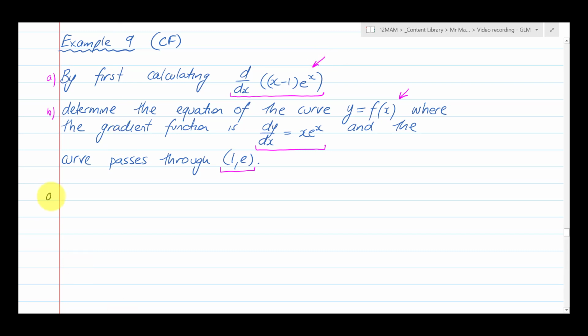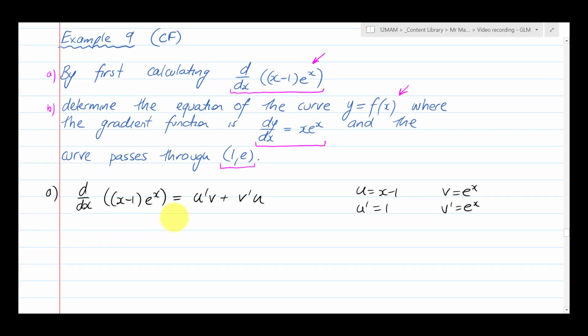First of all, in part A, we're asked to determine d/dx of (x minus 1)e to the x. Hopefully you'll recognize that this is a product rule, so it's going to be equal to u'v plus v'u, where u is equal to x minus 1 and v is equal to e to the x, and therefore u' is equal to 1 and v' is equal to e to the x.